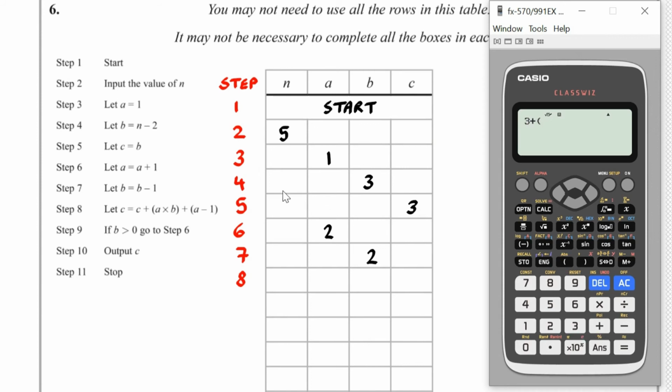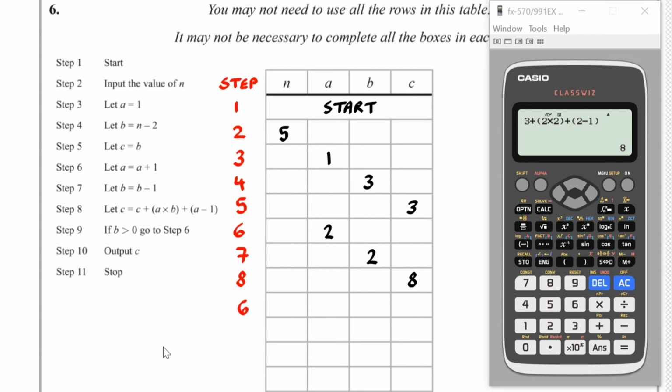We add on to this a times by b, so we have 2 times by 2, and then we add on to this a minus 1, so we have 2 minus 1, and it turns out we get 8. Our ninth step is to question whether b is greater than 0, and if it is, we go to step 6. So is this value greater than 0? Yes it is, so we will go to step 6.